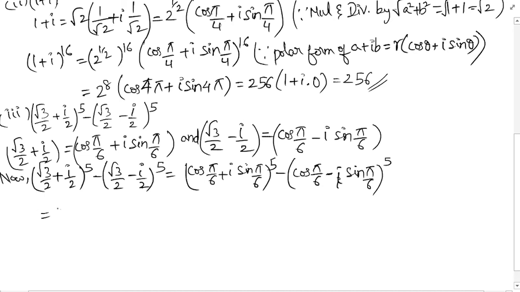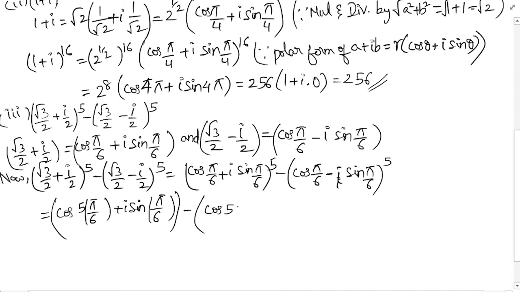So this is again equal to (cos 5 pi by 6 plus i sin 5 pi by 6) minus (cos 5 pi by 6 minus i sin 5 pi by 6).